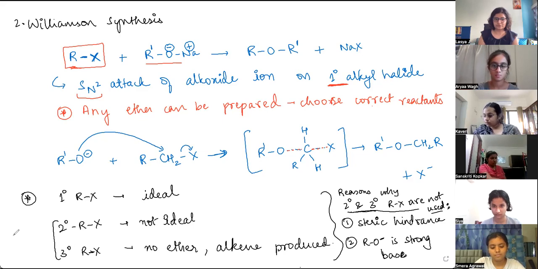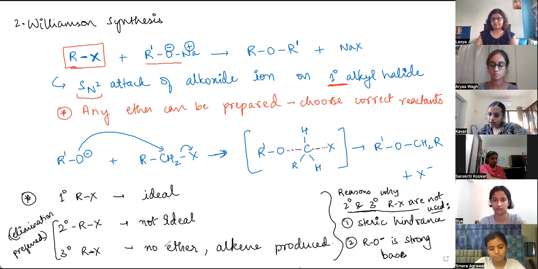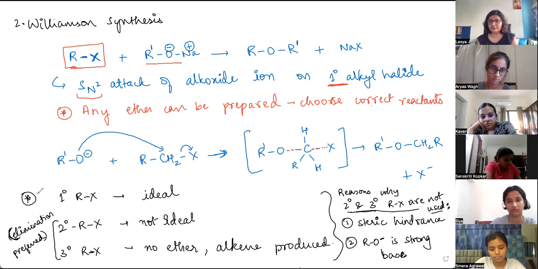These two, elimination is preferred. I didn't understand the part about RO being a strong base. So if you recall the elimination mechanism, what triggers it is that you have a strong base attacking the beta carbon. Yeah, like alcoholic KOH.